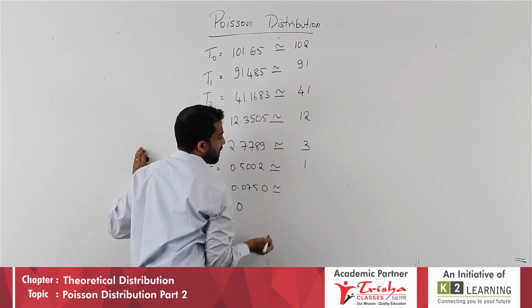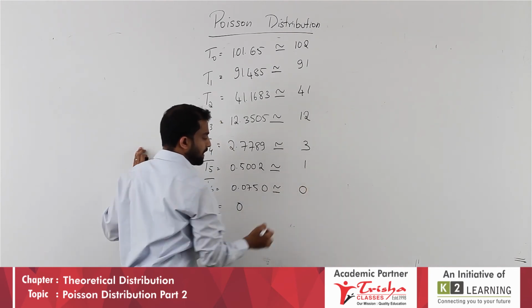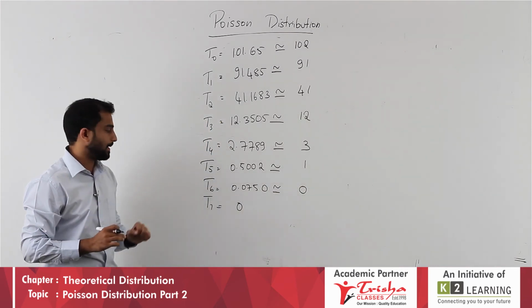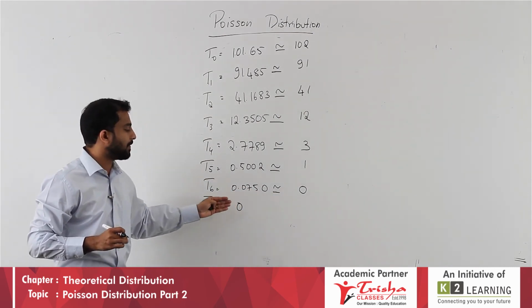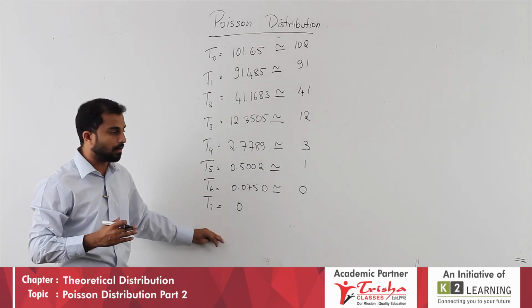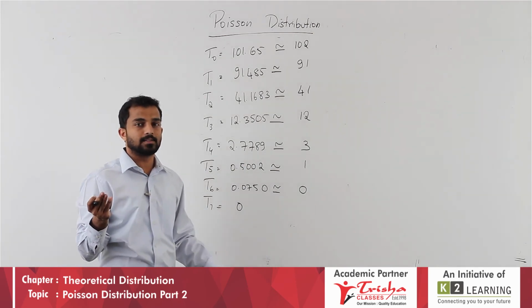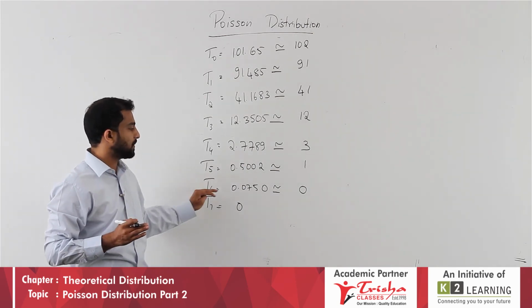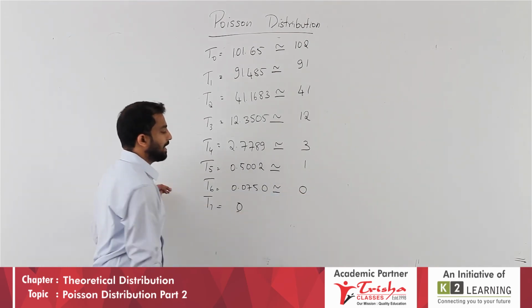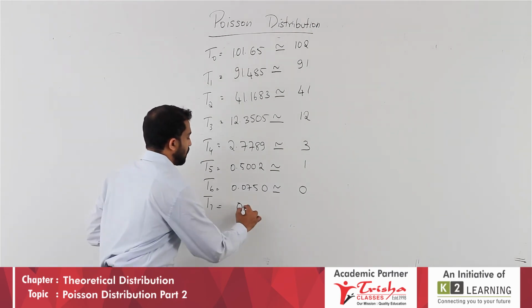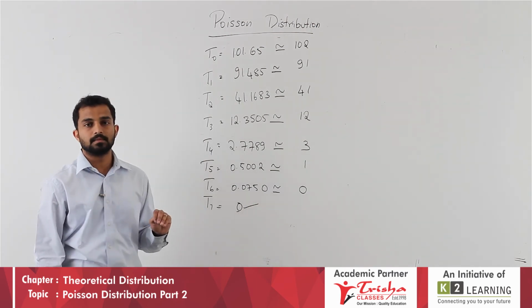When I approximate this, I get it as 0. So students, understand, once we get T6 as 0, definitely when we come to the next successive term, the value doesn't increase. So once we get T6 as 0, immediately you should know that even T7 is automatically 0.